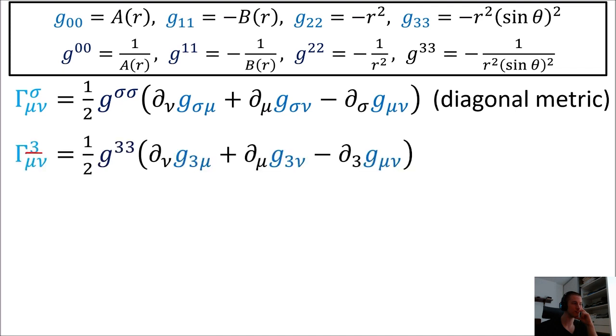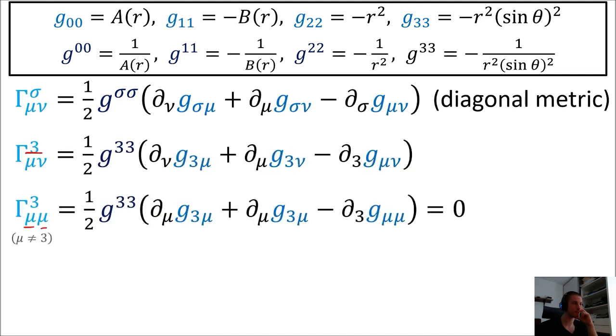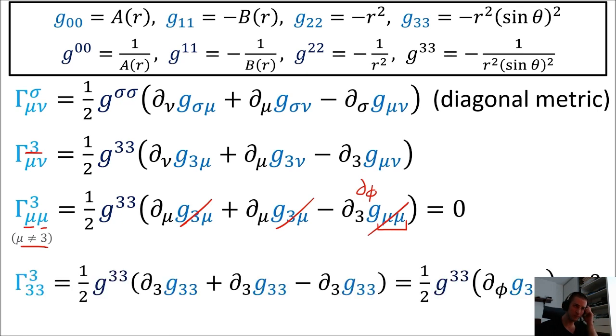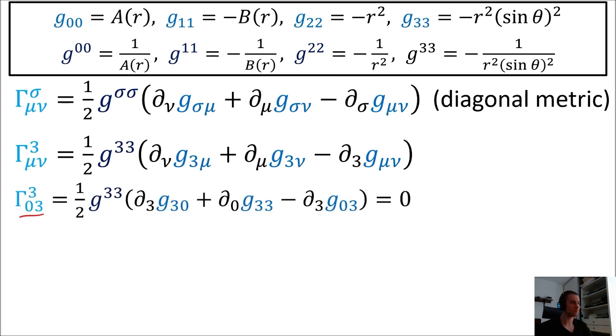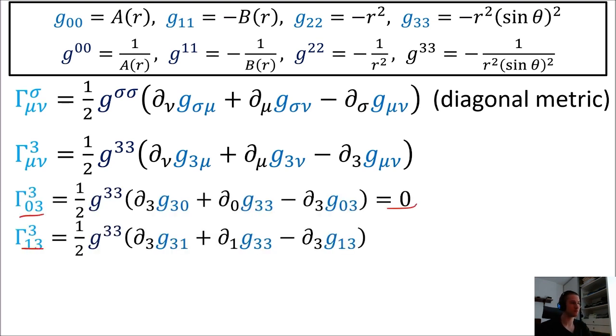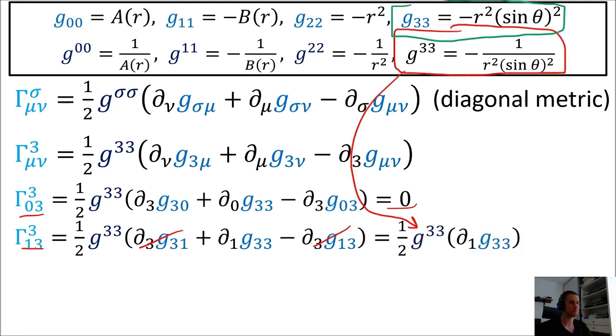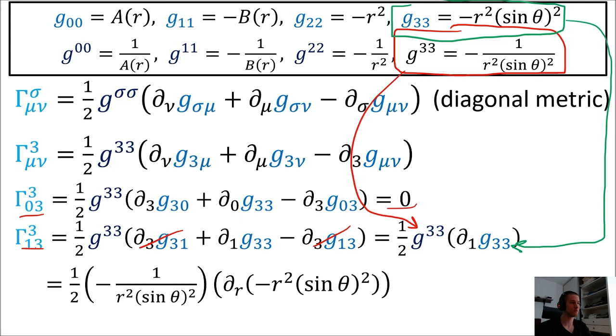Finally, for the 3 on top coefficients, if we have repeated lower indices that are not 3, the off-diagonals go to 0, and the last term goes to 0 since the metric components don't depend on phi. The 3, 3 lower indices go to 0 as well because nothing depends on phi. For 0, 3 on the bottom, we get 0. For 1, 3 on the bottom, we get the derivative of g3, 3 with respect to r, which is non-zero.